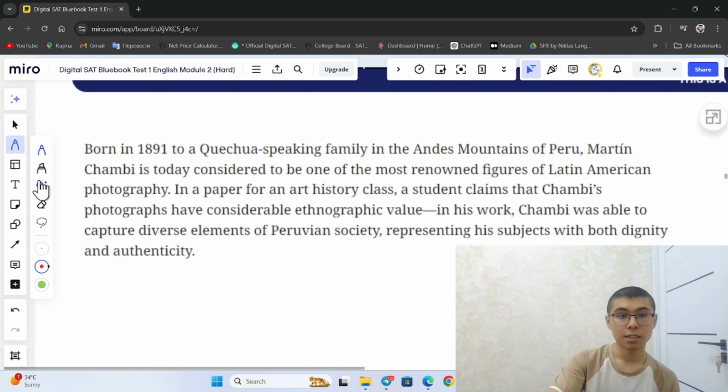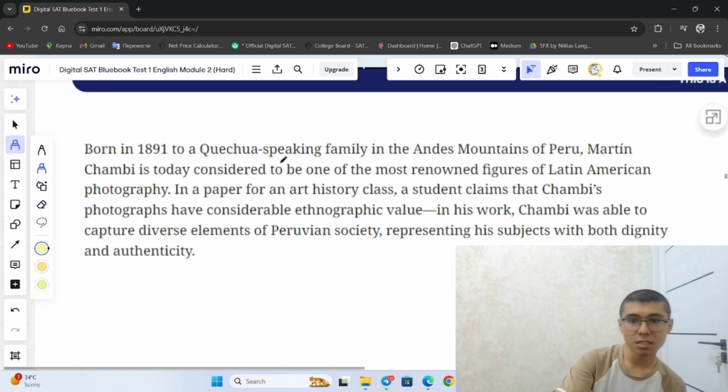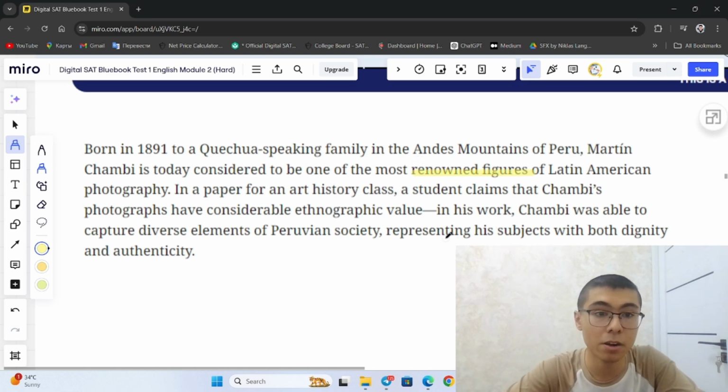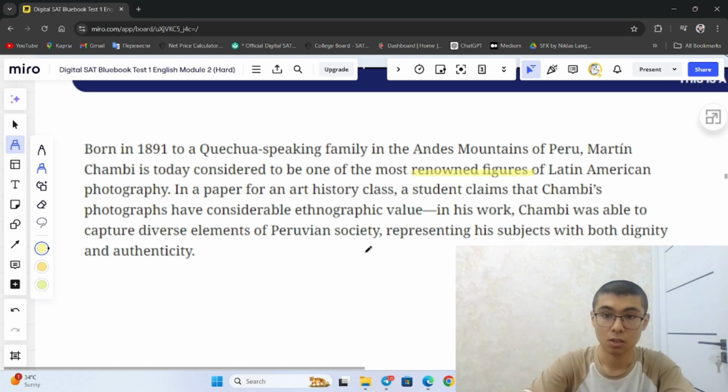Born in 1891 to a Quechua speaking family, so I'm not gonna bother myself reading this if I was in the real exam. So in those mountains is today considered to be one of the most renowned figures of Latin American photography.